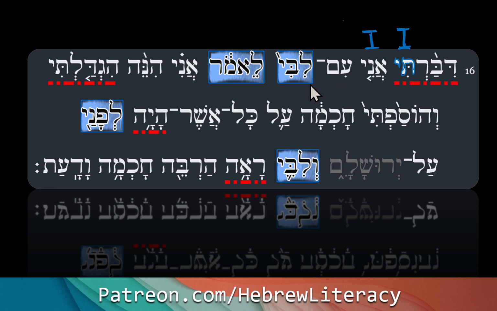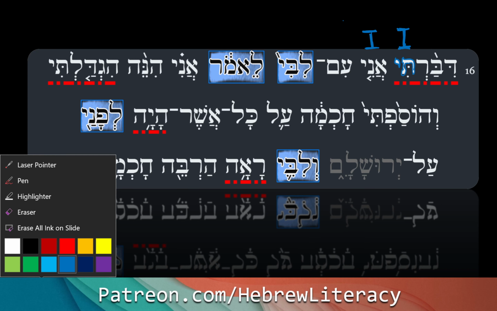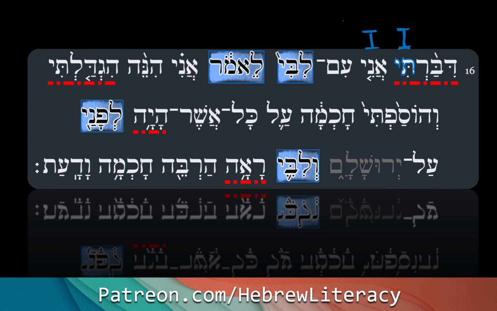Libi. You notice we have a construct state here because in order to put a suffix on a word to express the genitive, to express ownership, my something, we have to first put the word in the construct state. So this literally says leiv of e, or levav even. Notice there's a dagesh in there. That's interesting. It happens also with geminate verbs where two of the three root letters are the same.